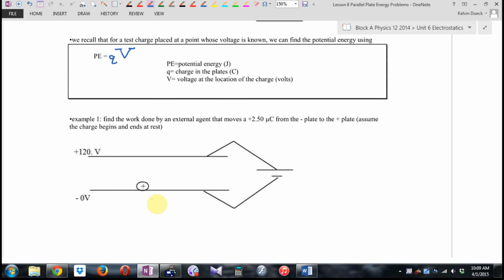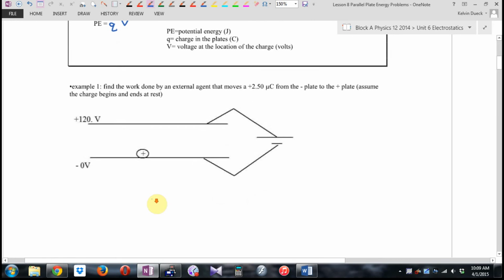I'm going to do this the long formal way, and then I'm going to say, here's the short way to think about it. The long formal way is to say, well, it's work. And then to say, I think we're starting at rest and ending at rest, because it says we can assume that.